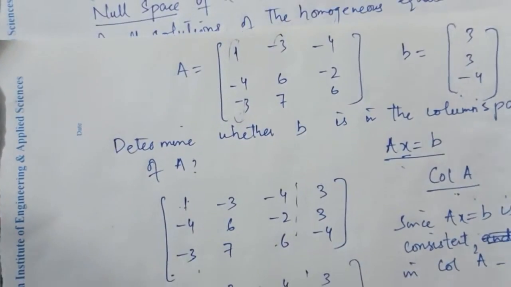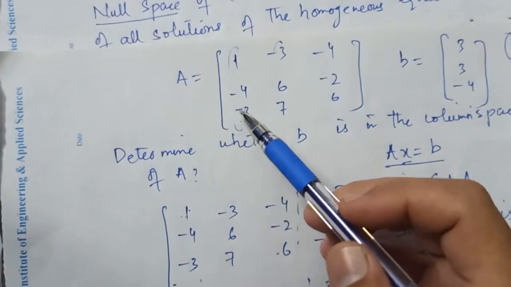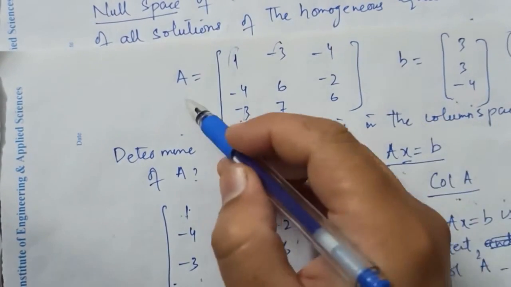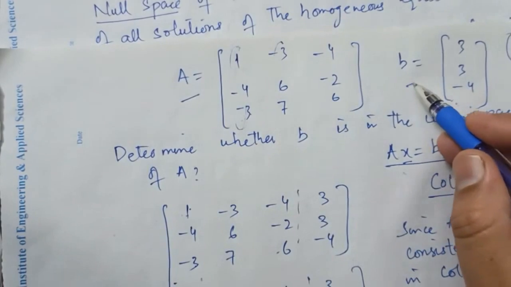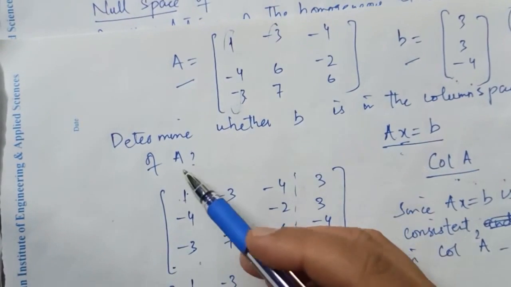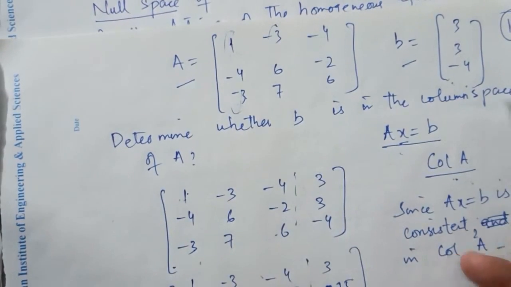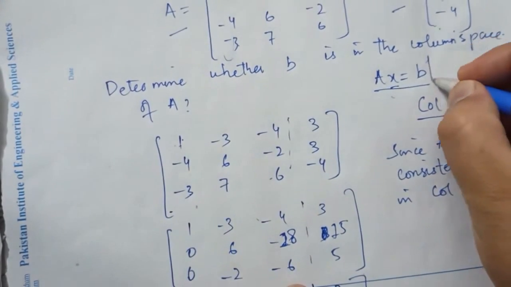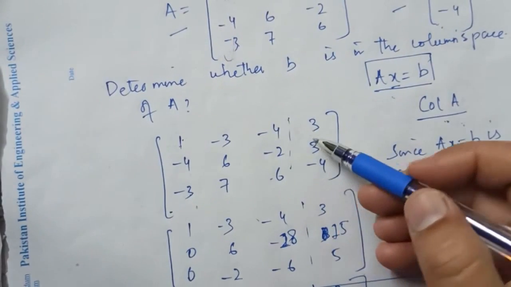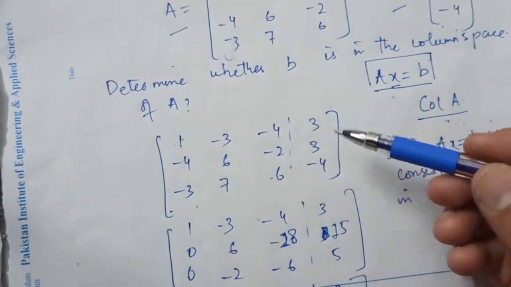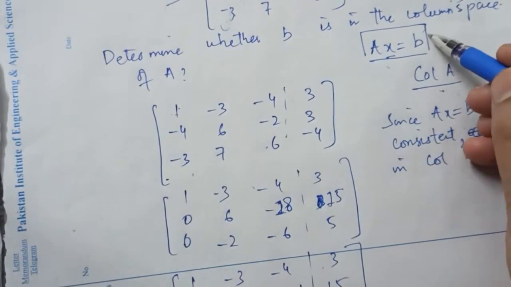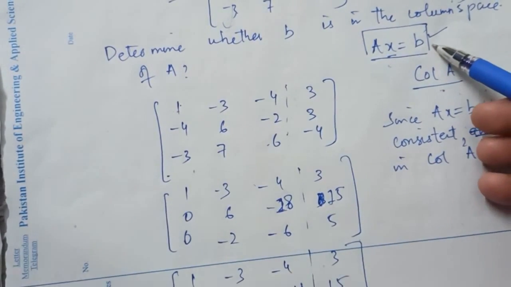The matrix A is defined here, and b is a column vector here, and we have to determine whether b is in the column space of A. We used the following augmented matrix notation and did some row operations to determine if the solution exists, that is, if the system is consistent or inconsistent.